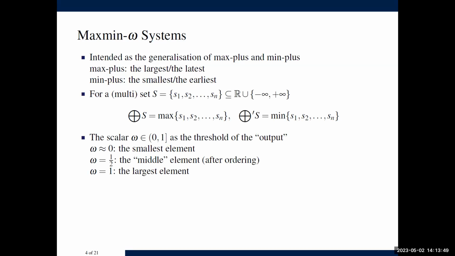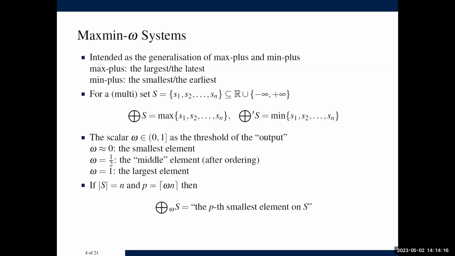If we take omega as a really small value, we take the smallest one, which represents min plus. If we take omega equal to 1, we get the largest one, and if we take omega equal to a half, we get the middle element after we order the elements of the set.